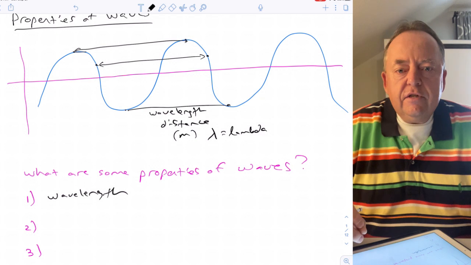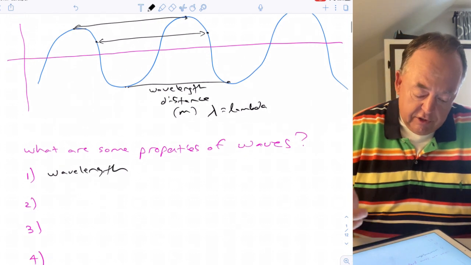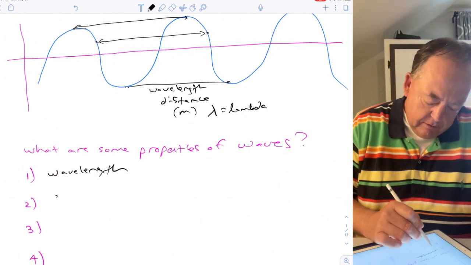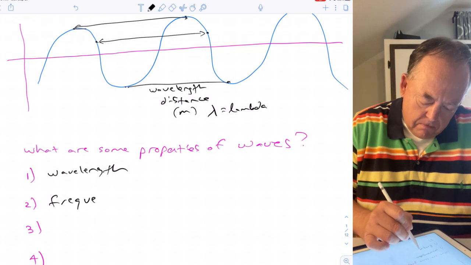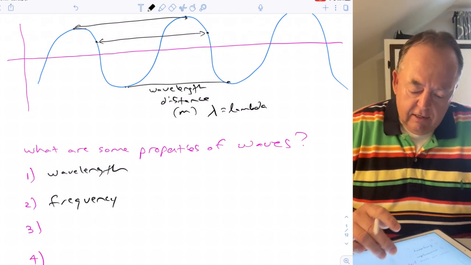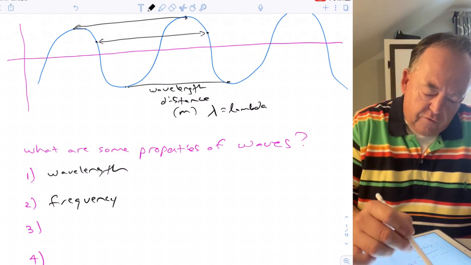Okay, so what are other features of a wave? Another feature of a wave would be frequency. So what is frequency?